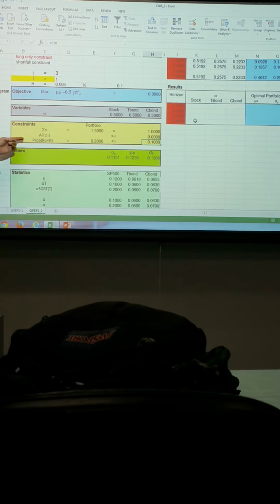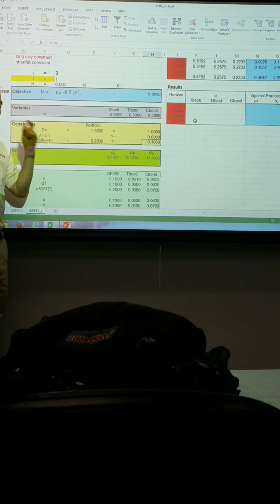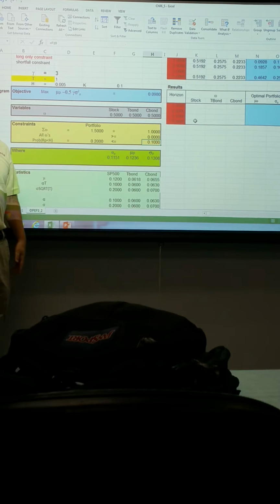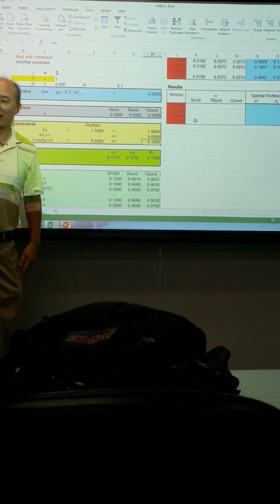Is the shortfall constraint satisfied? Does the current weight satisfy the shortfall constraint? Of course not, right? We're going to figure that out. So I think basically we all finished that exercise.